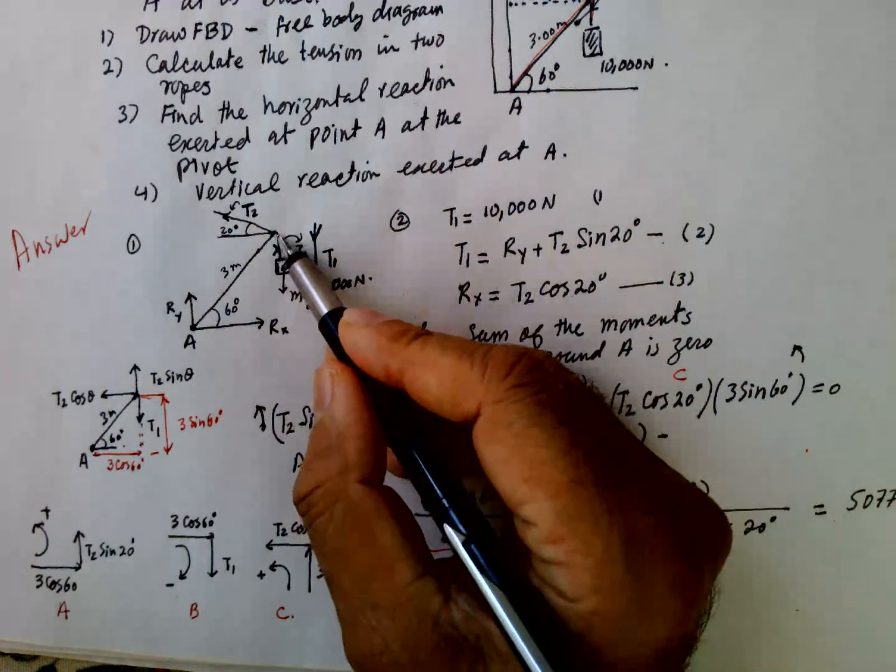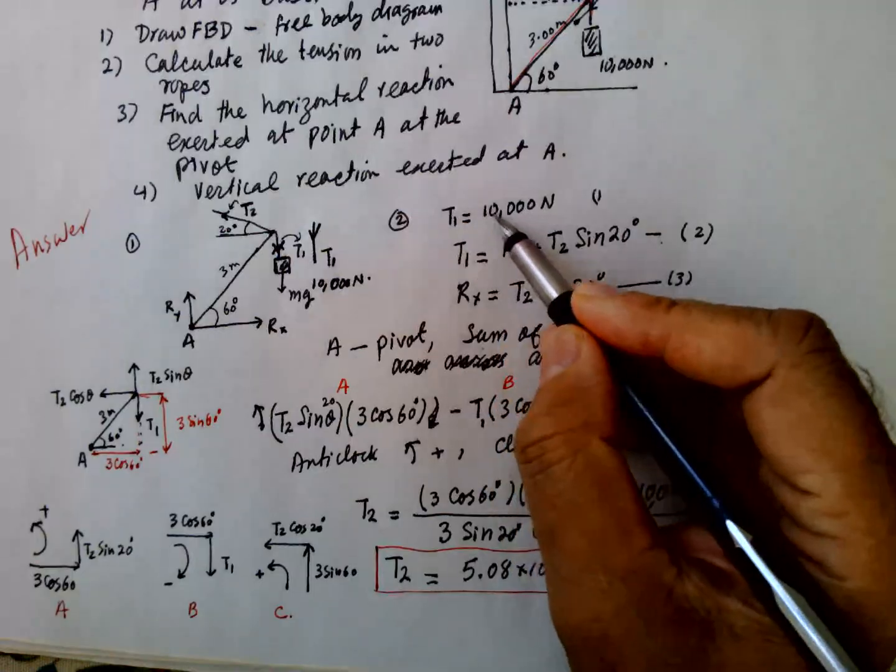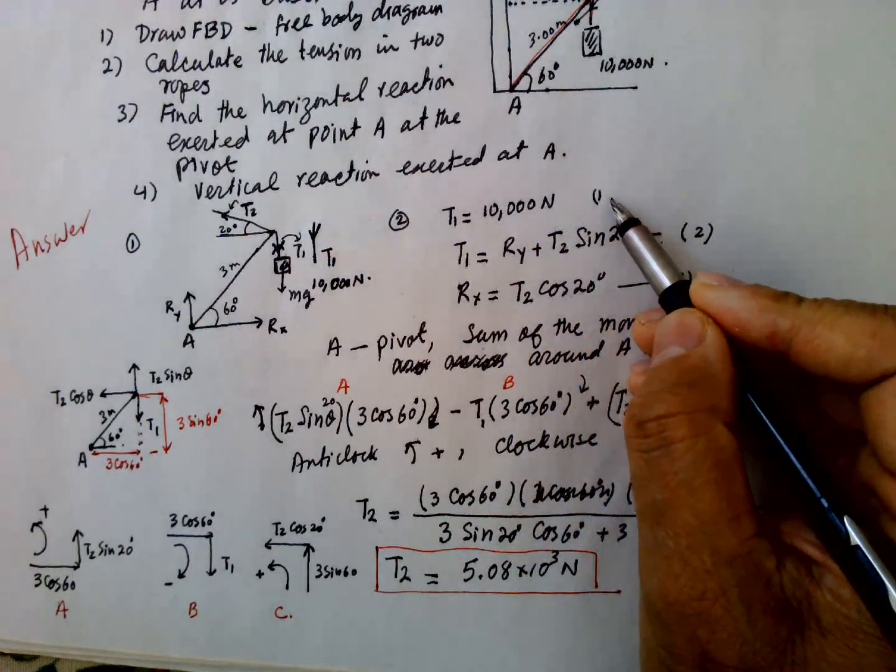And here, T1 and mg are balanced. So T1 is equal to 10,000. This is equation number 1.